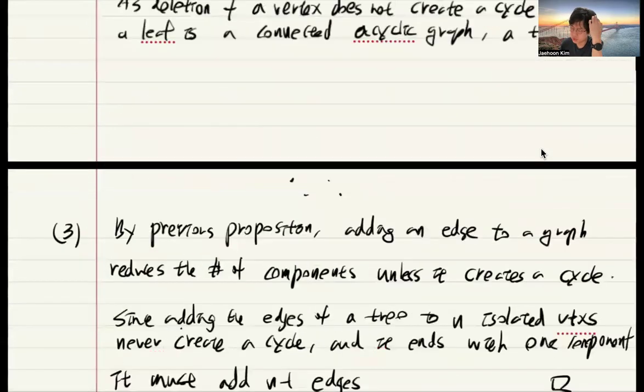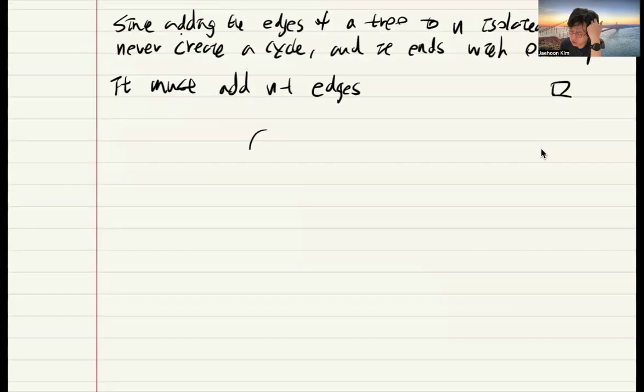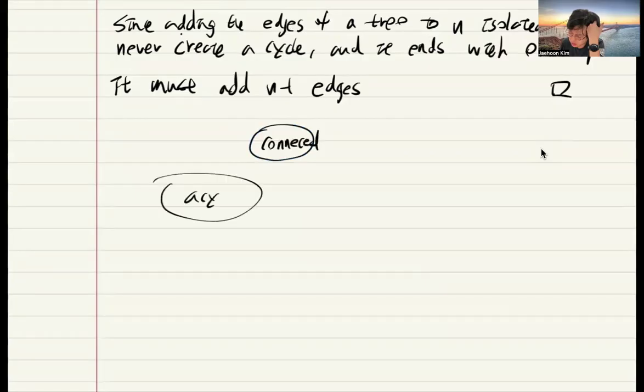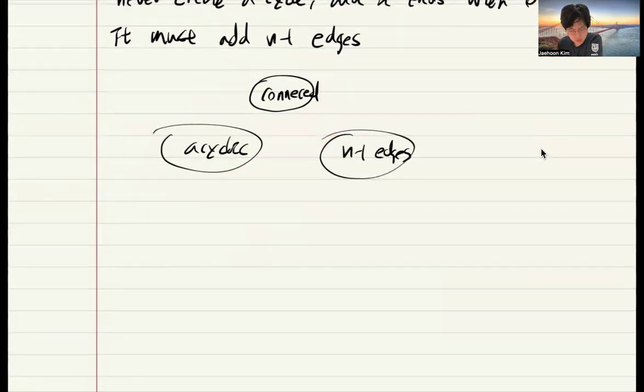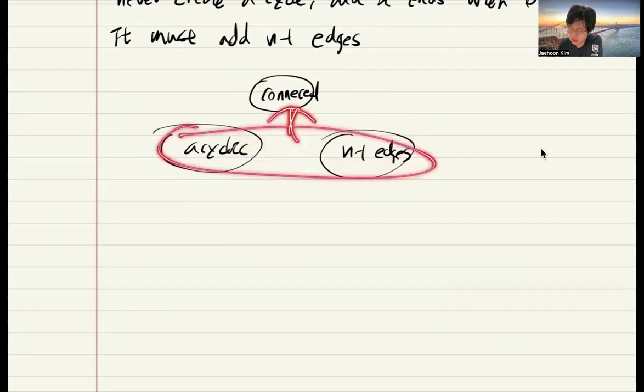So what does it mean? If you have connected and acyclic, that's a tree, and you have n minus 1 edges. So these two together imply this. But we can also show that the other two imply the third one. Of course, assuming n vertices.